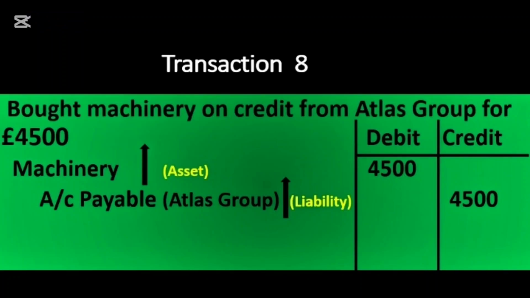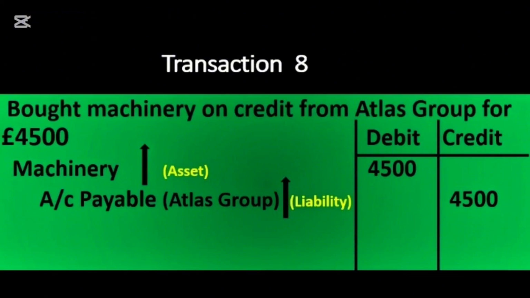Whereas we have a liability here, Atlas Group. Now the business owes Atlas Group 4,500. It has to pay Atlas Group the money for the machinery. So we will write accounts payable because we need to pay them back.